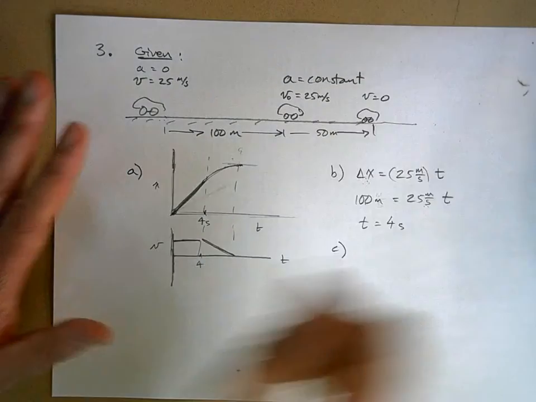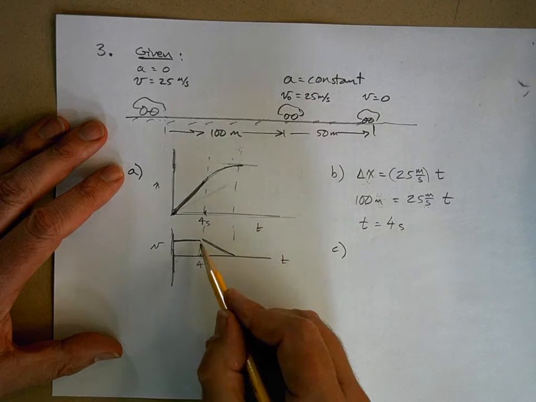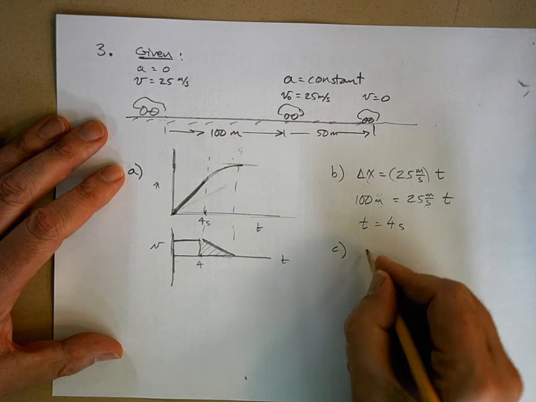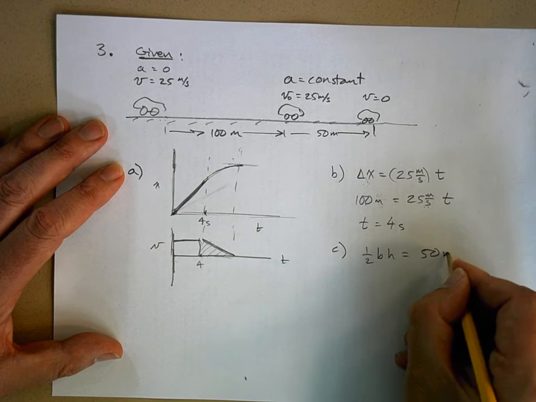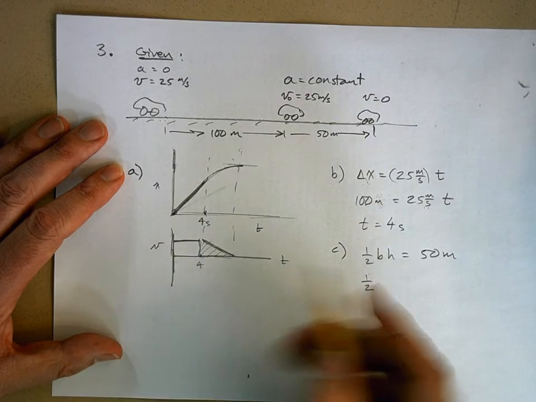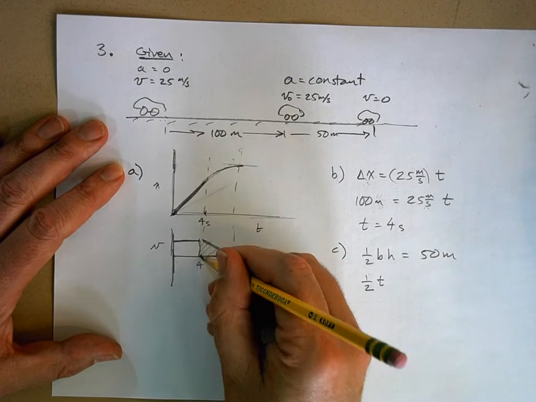Now part C, it says, remember the area underneath the velocity versus time graph equals the displacement of the car. How long must the brakes be applied to come to a stop in 50 meters? So what we're saying here is that the area of this triangle, 1/2 the base times the height, has to equal 50 meters. What is the base? The base of this is the time that we're braking. What is the height of this?